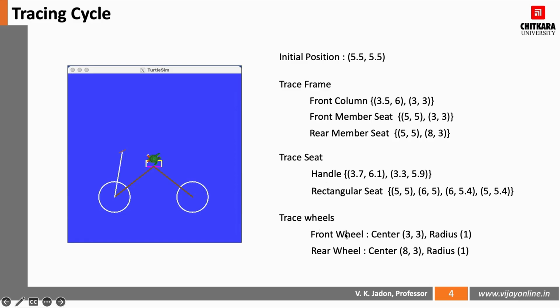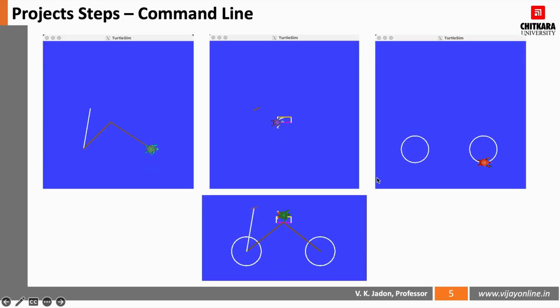So this is how we can trace them. We can start from here to here to here to here, and then the handle and this rectangle, and then the two circles. The important thing to note is the change of color, and when we move the turtle from one position to another position, whether we want to trace that or not.